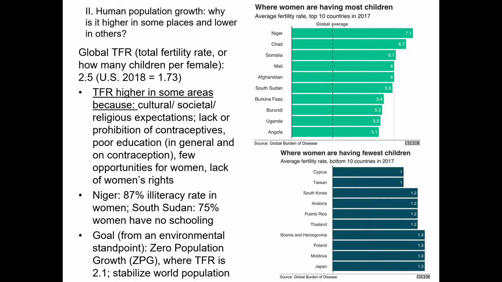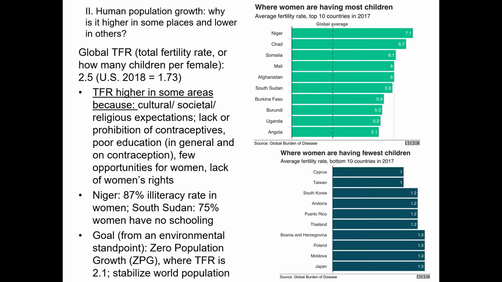Went ahead too quickly. Where you have women having the fewest children, like Taiwan, South Korea, Poland, Japan, you tend to have highly educated societies. They don't have these cultural, societal, or religious expectations to have large families. Women tend to be extremely highly educated, not just educated in general, but women. Women have privileges and rights that are not in these other countries.